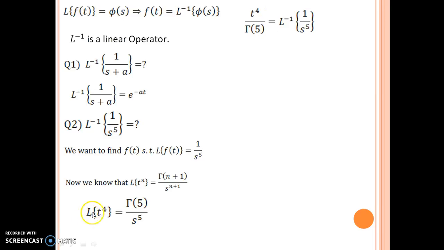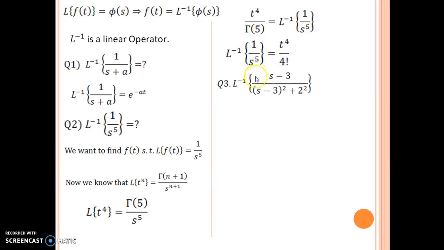Because when we take the Laplace operator onto the right hand side, it becomes Laplace inverse. Now gamma 5 is a number, a scalar, so it comes outside and you can shift it to the denominator of the left hand side. So finally we obtain L inverse of 1 upon s to the power 5 is equal to t to the power 4 upon 4 factorial, which is gamma 5.